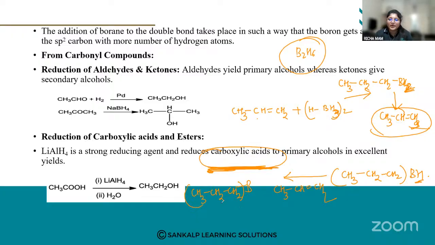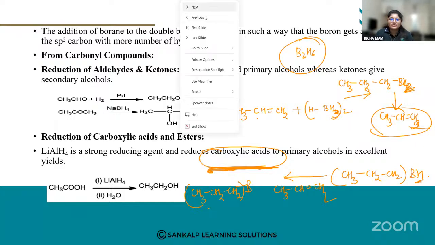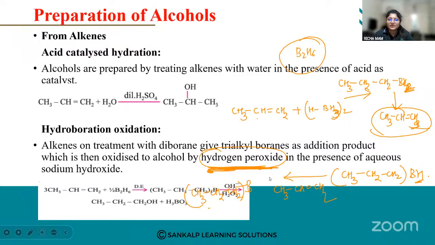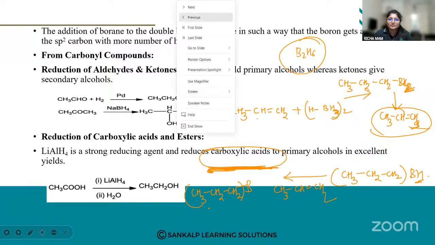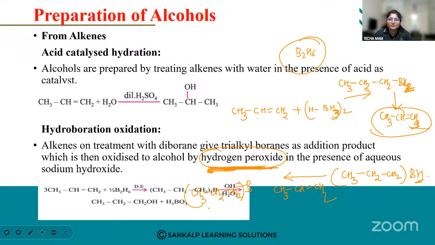So I have got the trialkyl. Here there are two, so this is 2, this is 3.